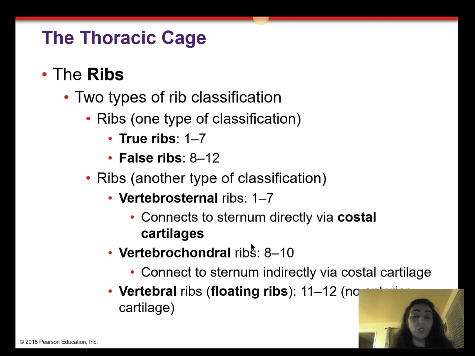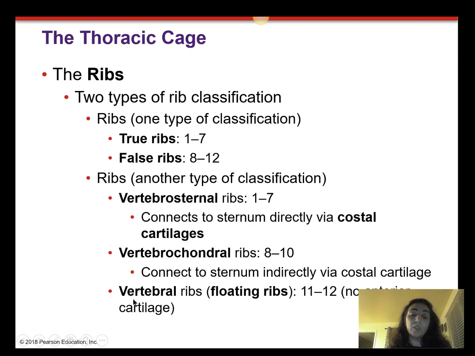But these are not going to the sternum directly, they are attaching to the cartilages of the lower ribs, like rib 7, right? So these ones are called vertebral chondral. The vertebral chondral are ribs 8 to 10.